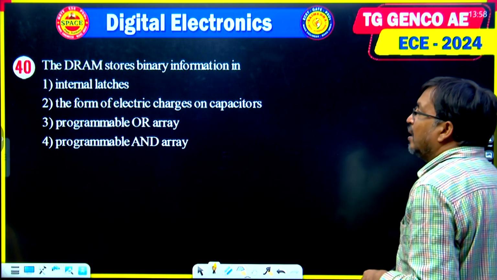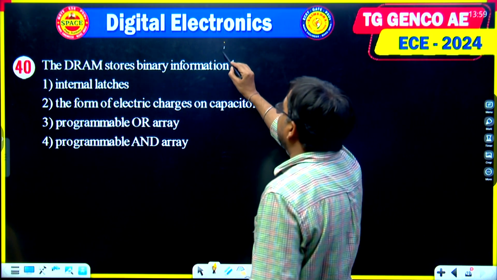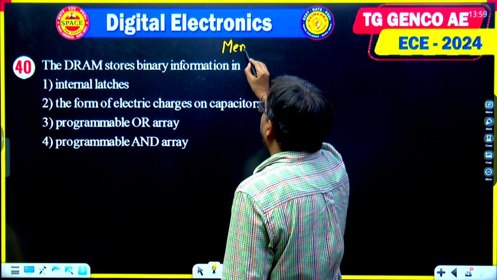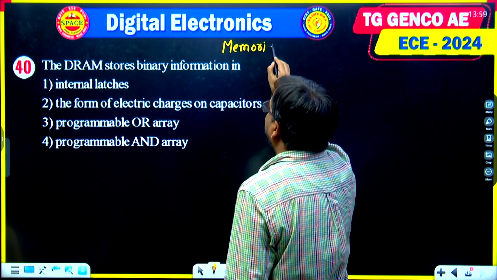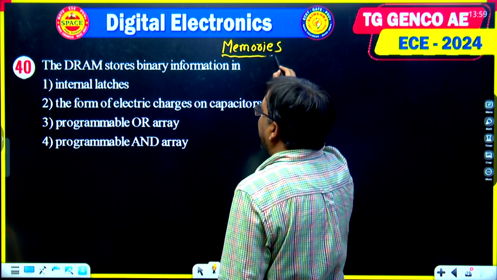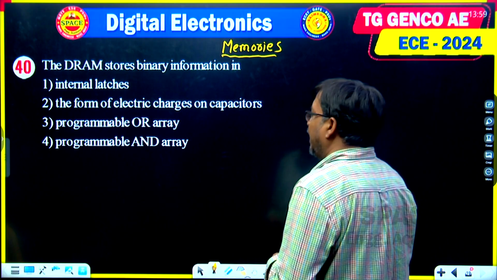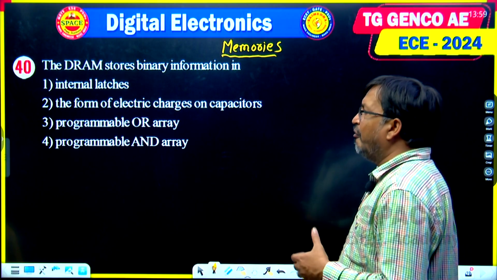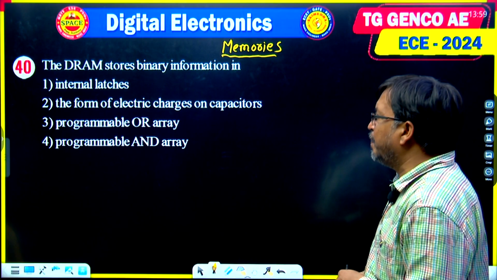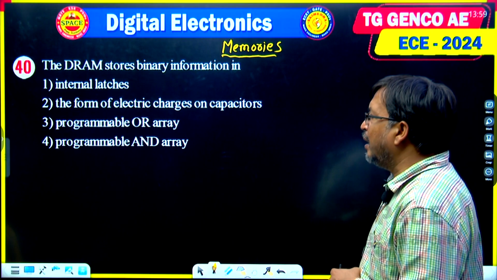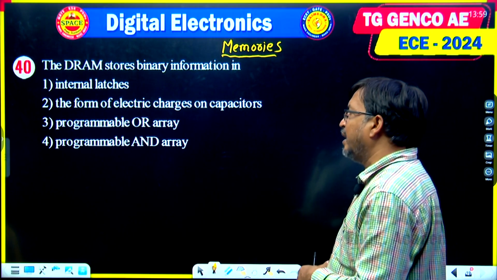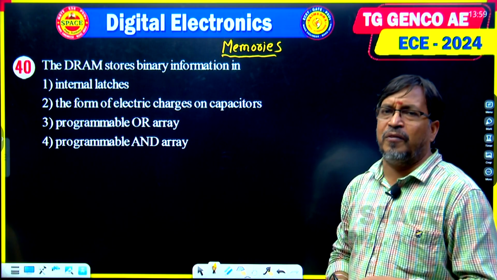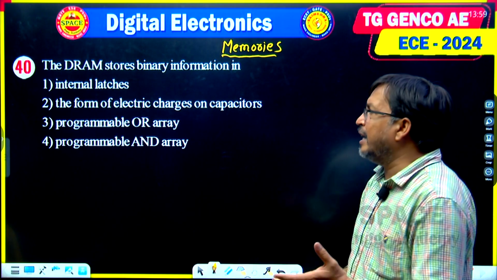Next question. This is related to memories. The DRAM, dynamic RAM, stores binary information in internal latches, in the form of electric charges on capacitors. We know that there are two types of RAMs, static RAM and dynamic RAM.